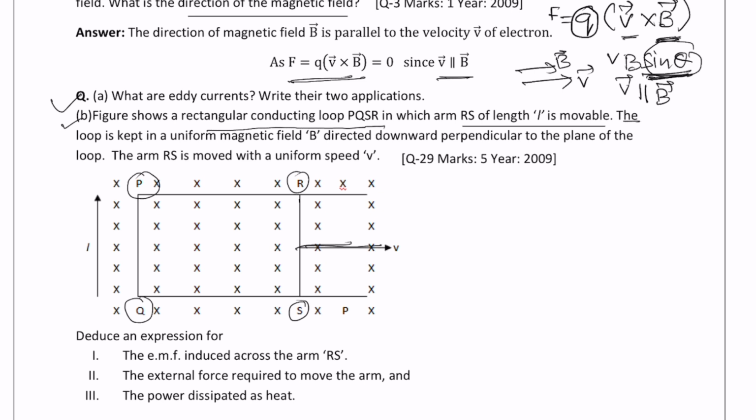The loop is kept in a uniform magnetic field. The cross means perpendicular to the plane of the paper and away from the observer. So this is the direction of B given, downward perpendicular to the plane of the paper. The arm RS is moved with a uniform speed V.